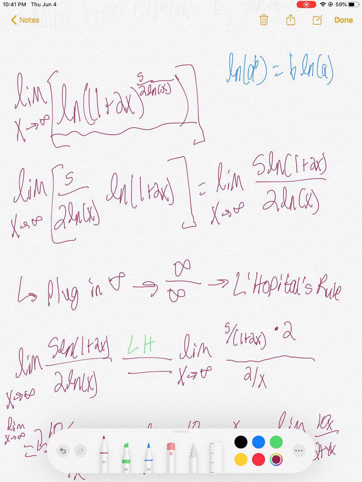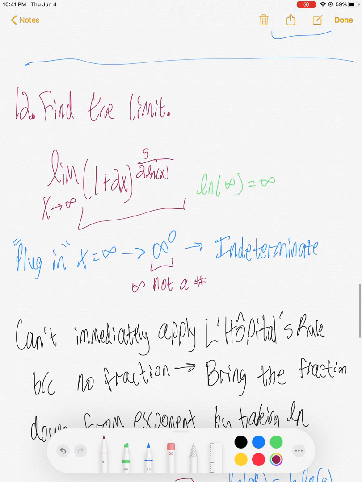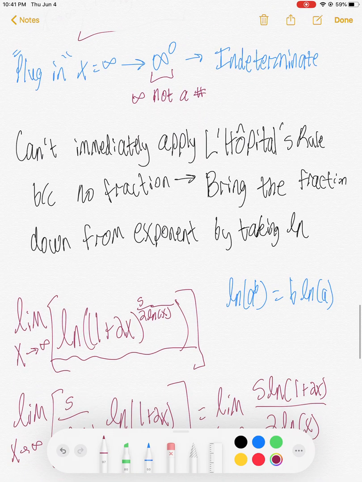This is different from whenever you take the natural log of both sides of an equation, because there we have two sides. Here we're just manipulating one expression. We're not looking at an equation at the beginning here. We're manipulating the expression 1 plus 2x raised to the 5/2 ln of x.